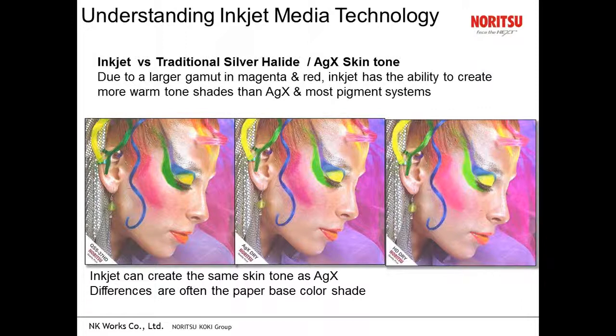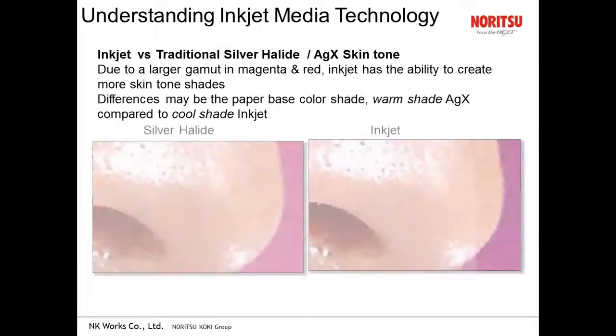So the contrast range of inkjet technology does exceed that of silver halide. As a result, we will not be able to replicate the exact look of silver halide, just a similar look with a greater contrast tonal range.